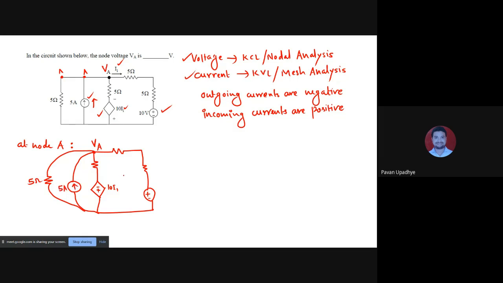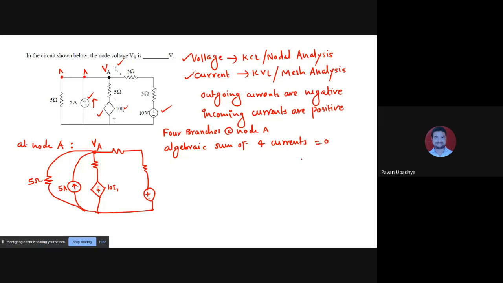Yes, very good. Now we have 3 branches meeting at node A. Sorry, 4. We have 4 branches at node A. It means we have to write the algebraic sum of 4 currents equal to 0.